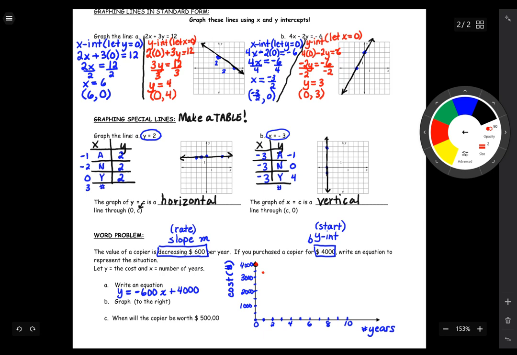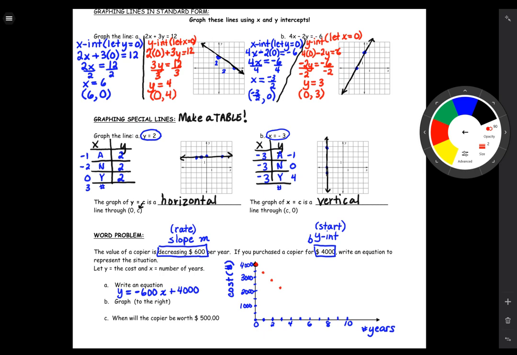Okay. The next year, in year 2, it'll be 2,800. There's 500 right around there, more or less. Next year, it'll be 2,200. There's 2,000, there's 2,500, so kind of right in between.